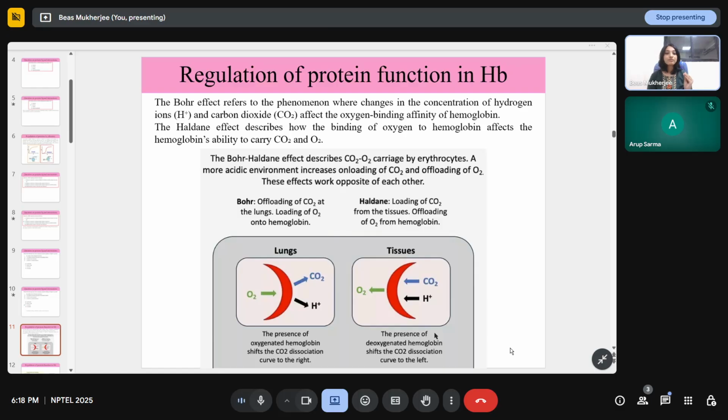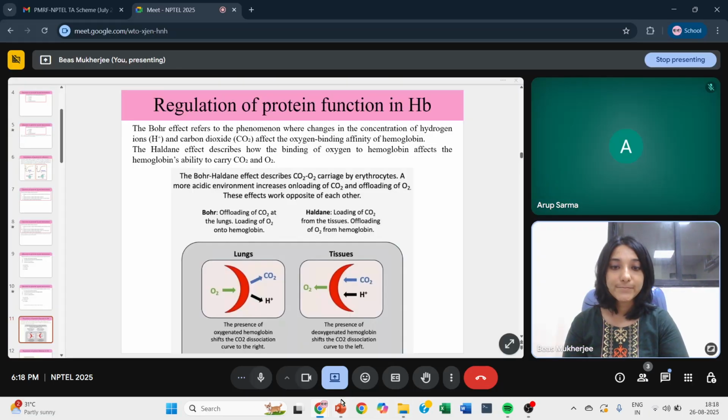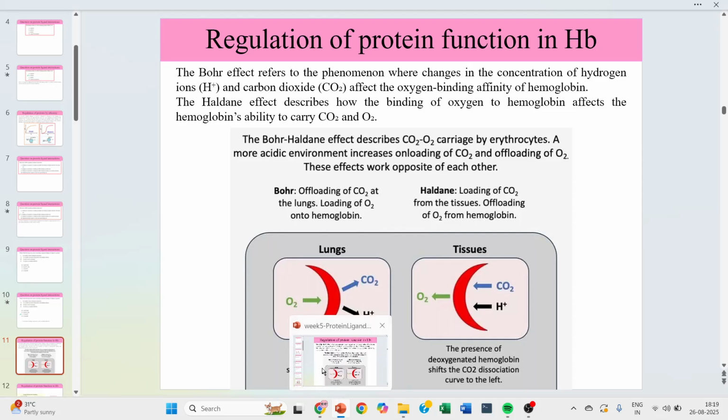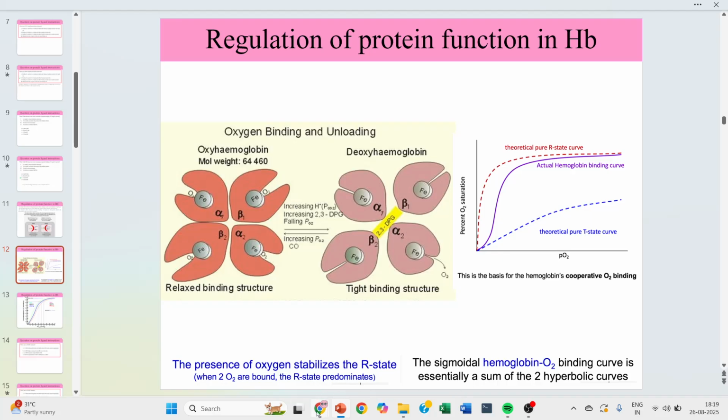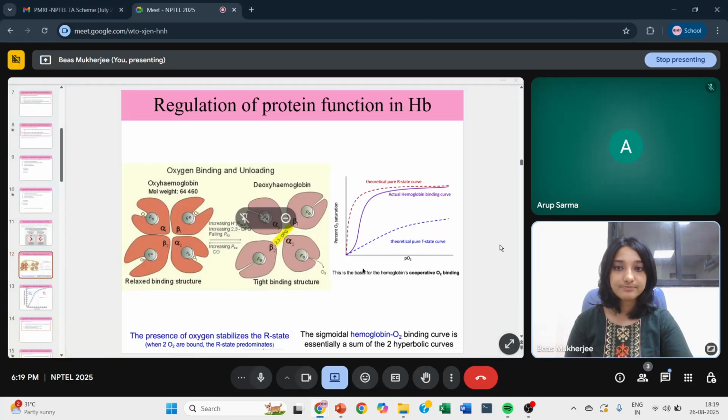So the presence of deoxygenated hemoglobin shifts the carbon dioxide dissociation curve to the left. We will look at this in more detail.